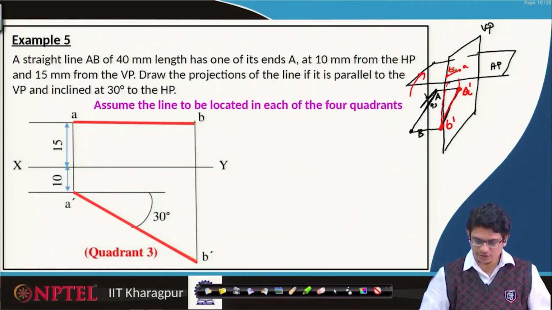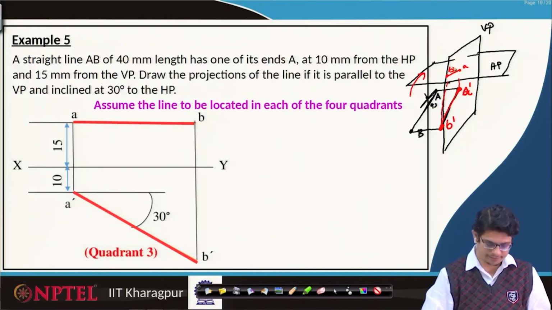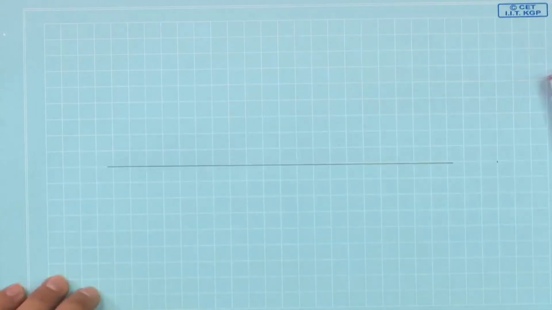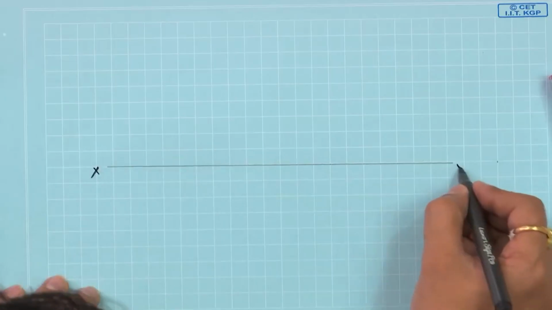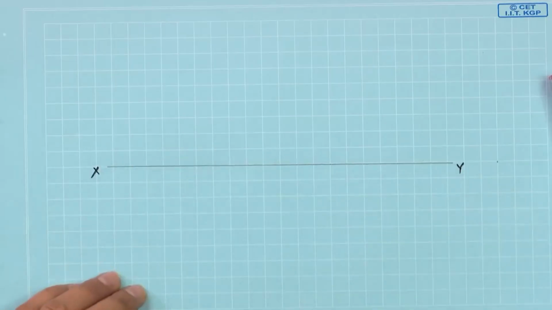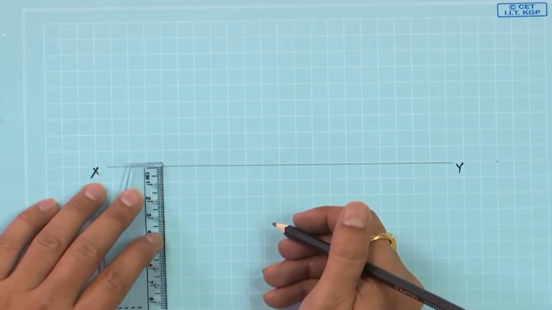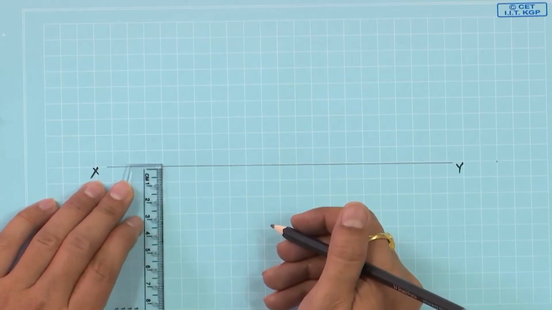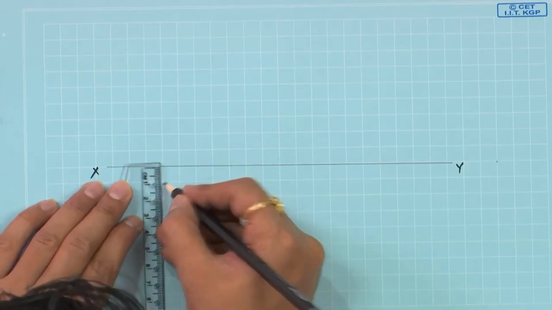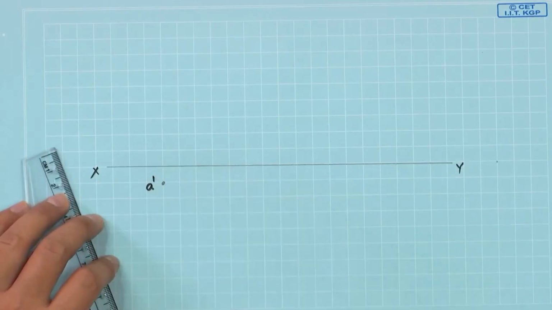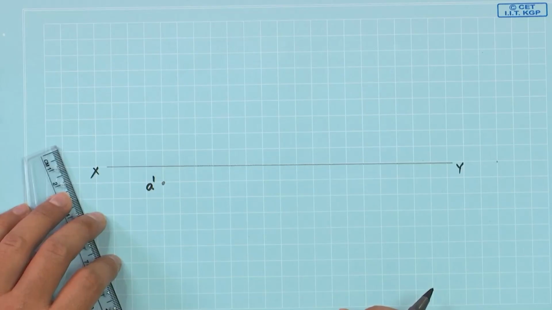First thing we have to do, draw a horizontal line. This is the x axis, y axis. Locate a point A prime 10 mm below. We will project it all the time somewhere there. Let us call A prime. And B prime, we have to locate it.